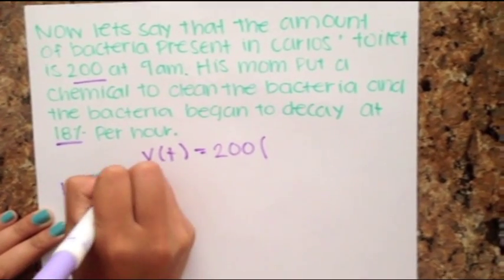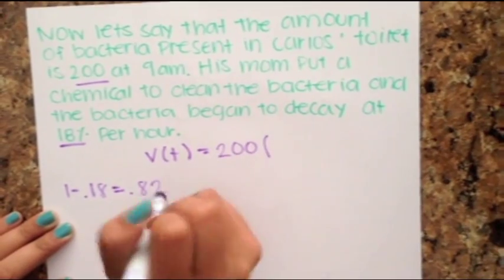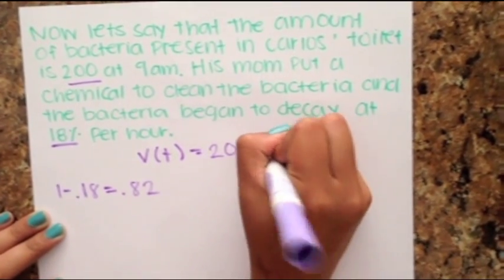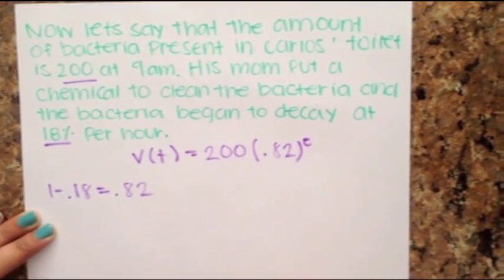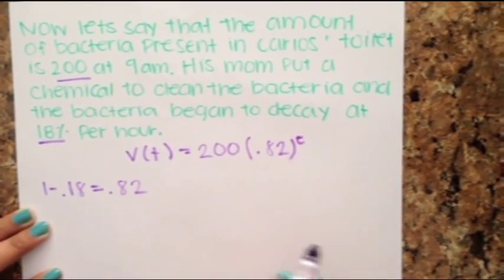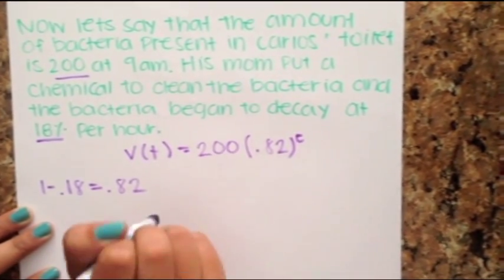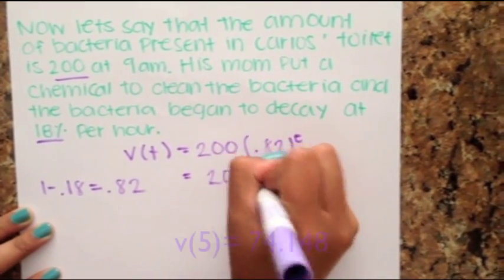So this is equal to 0.82. So it'd be v of t is equal to 200 times 0.82 to the power of t, where t is in hours. So if we wanted to know after 5 hours how much bacteria was left, we simply plug in 5 to our equation, which would be equal to this.